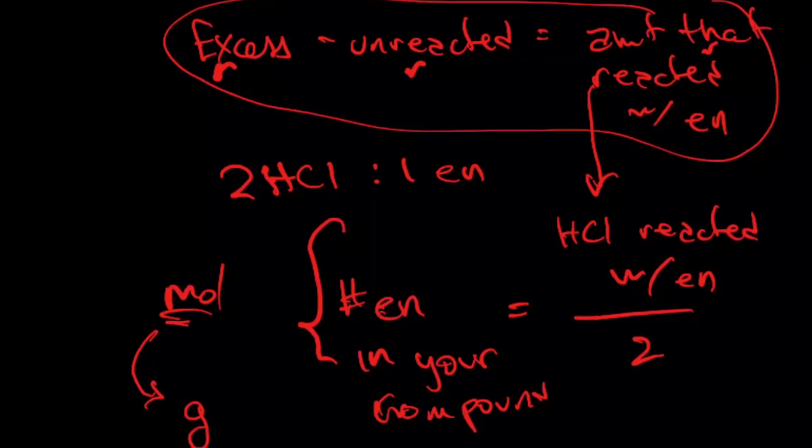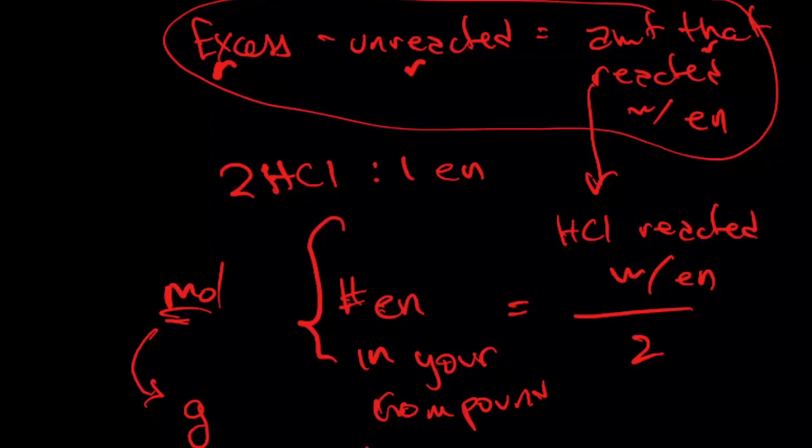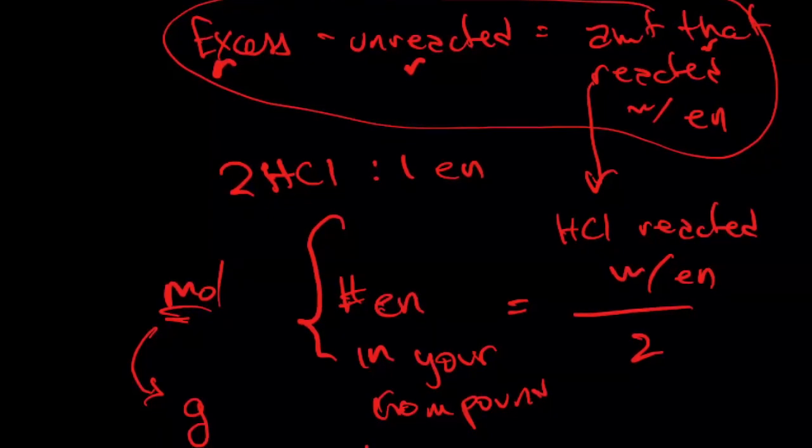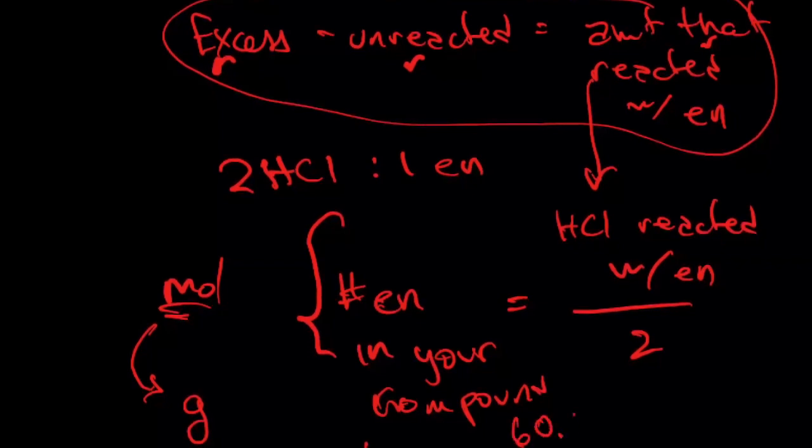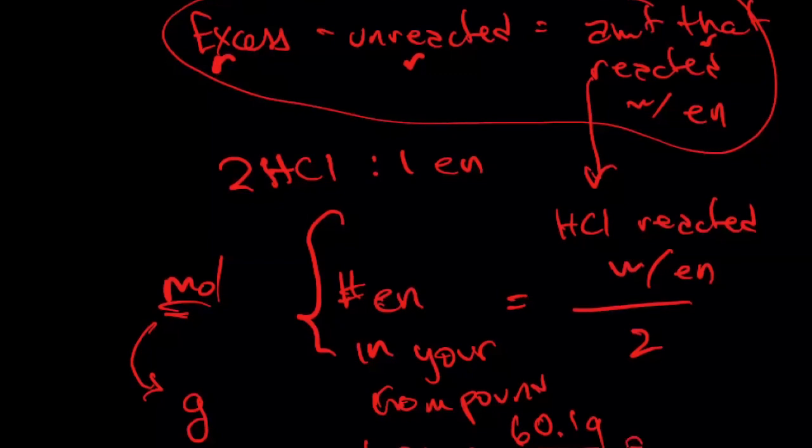Convert the moles to mass. And how do you do that? You have the moles of ethylene diamine and the molar mass of ethylene diamine, which you already know because I asked you to look that up in your pre-lab. That's about 60.1 grams per mole. So that's the mass of ethylene diamine in your analysis.